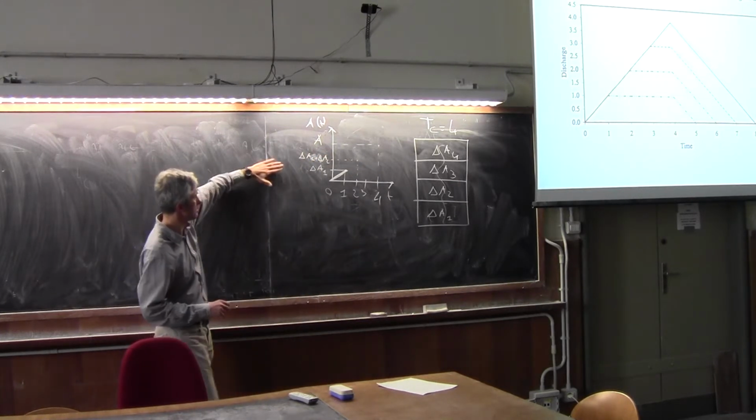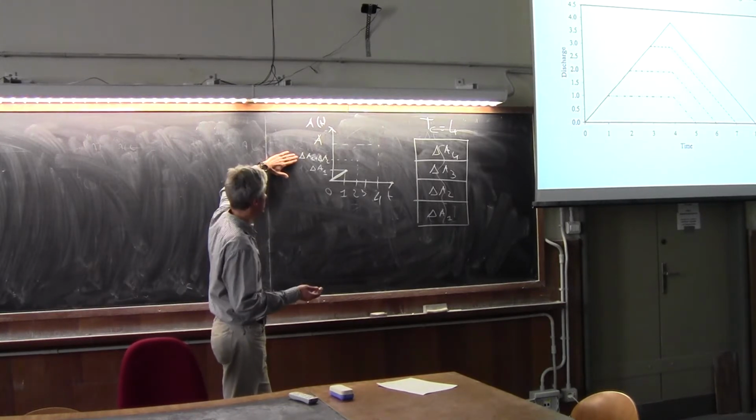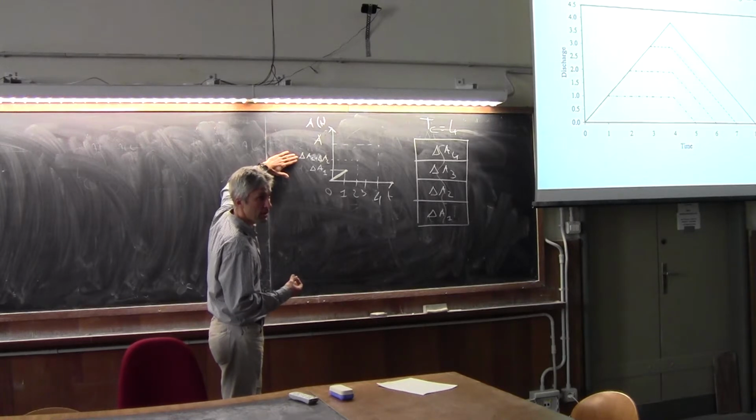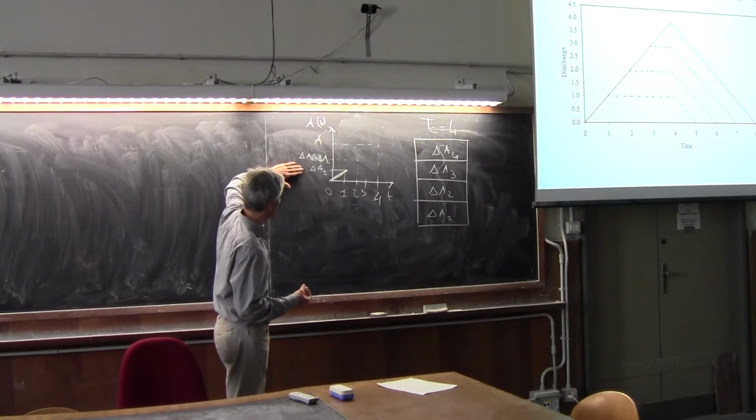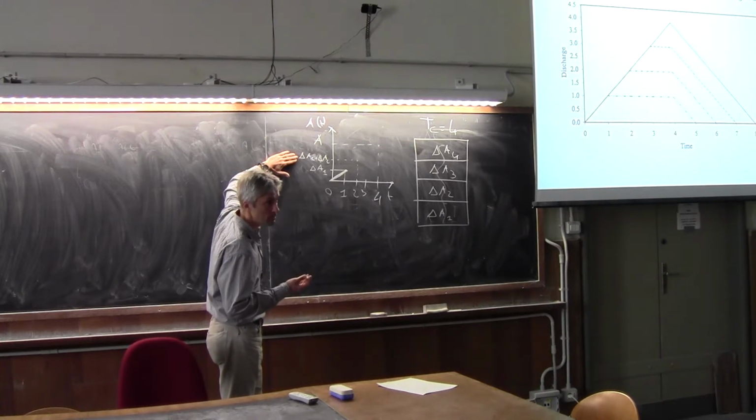After 2 hours, what is the contributing area? It's delta A1 plus delta A2. And the increment from delta A1 to delta A1 plus delta A2 is delta A2.